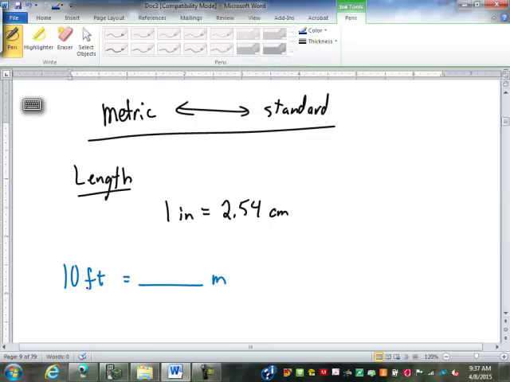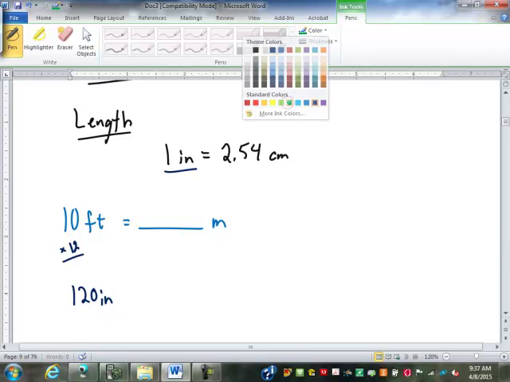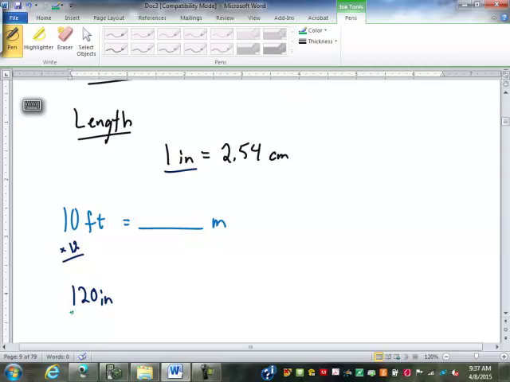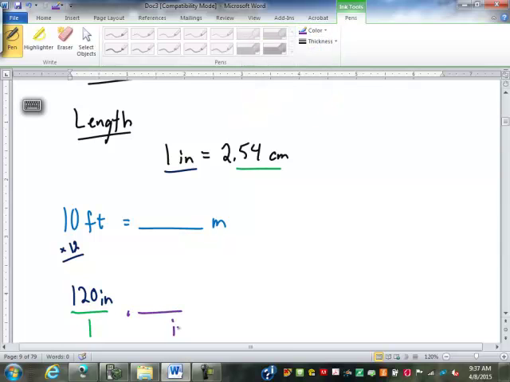Well, I can start by converting 10 feet into inches. How do I do that? Well, we did this before, just times 12. 10 feet is 120 inches, correct? But now I have to convert my inches into centimeters. So I'm going to make that into a fraction. Inches will go on bottom, centimeters on top. 1 inch is 2.54 centimeters.